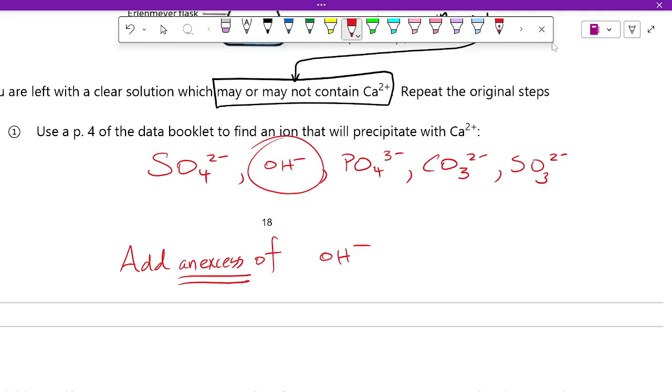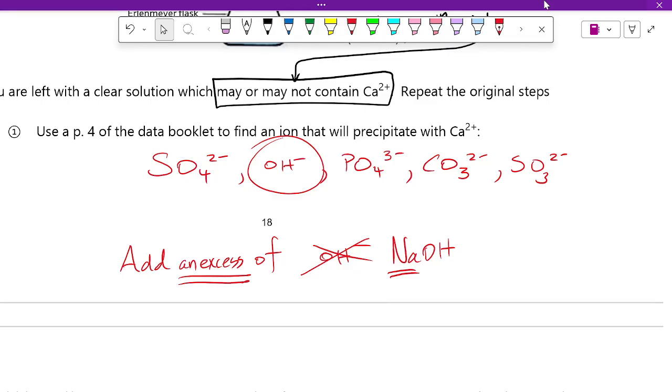It needs a partner. Does it need a positive partner or a negative partner? Positive partner. Who is a good positive partner that will not precipitate with anything else? Na. So we don't just want OH, we want NaOH. So add an excess of NaOH.